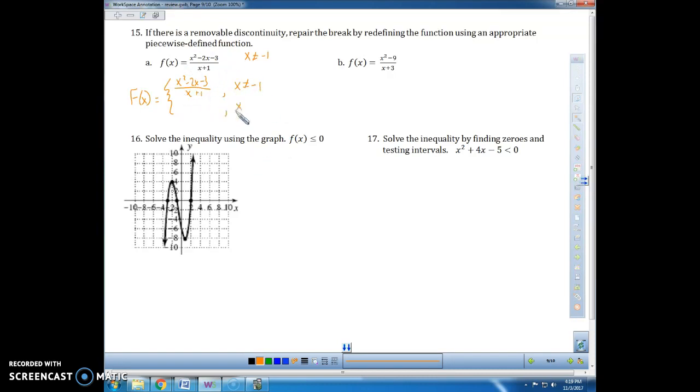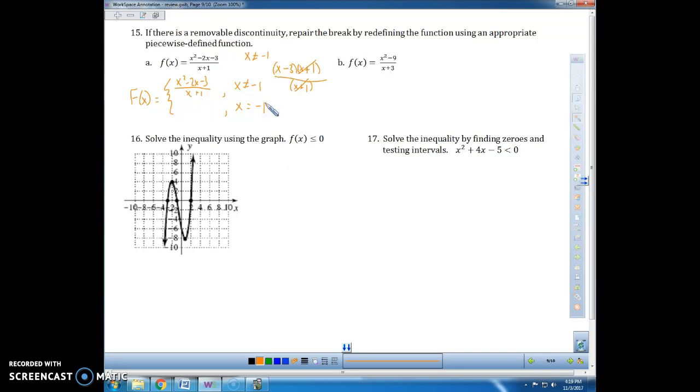And then we fill it in by saying, all right, well, if x is negative 1, what do we want it to be? To figure that out, we need to simplify this expression. So I'm going to factor the numerator. So 3 times 1, negative 3 plus 1 will give us that negative 2 in the middle. So notice what happens. The x plus 1's cancel. So our simplified expression would be x minus 3.